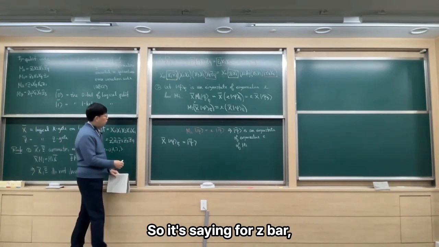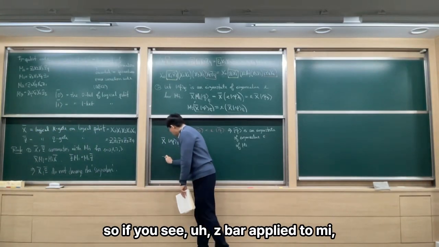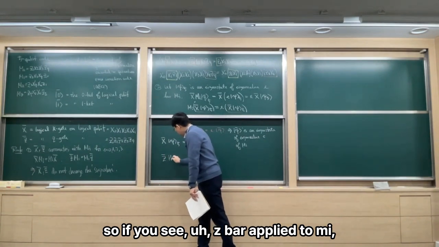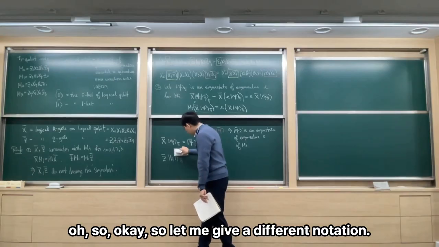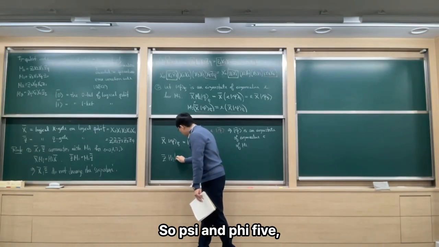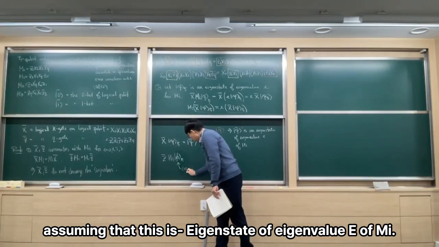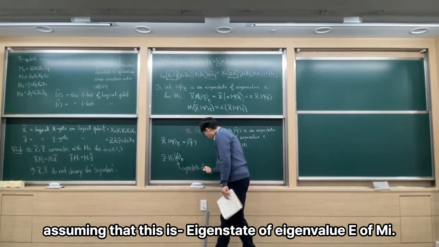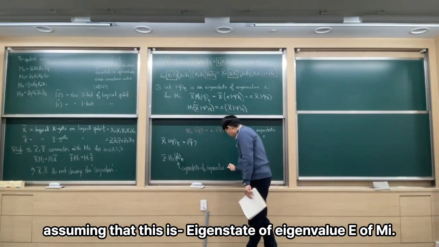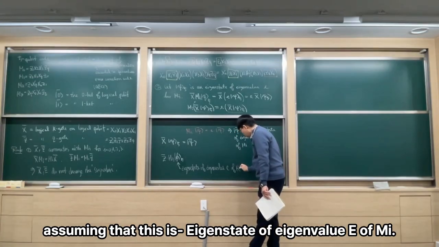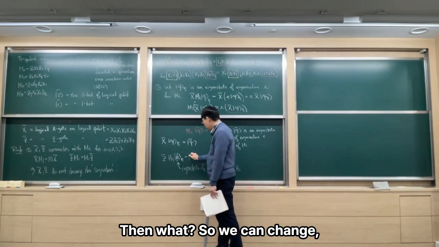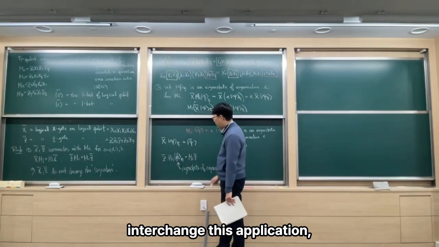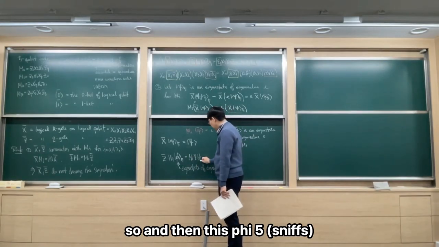It's the same for z bar. If you see z bar applied to Mi, let's say psi 5. Oh, okay. Let me give a different notation. So phi 5, assuming that this is an eigenstate of eigenvalue E of Mi. Then we can interchange this application.